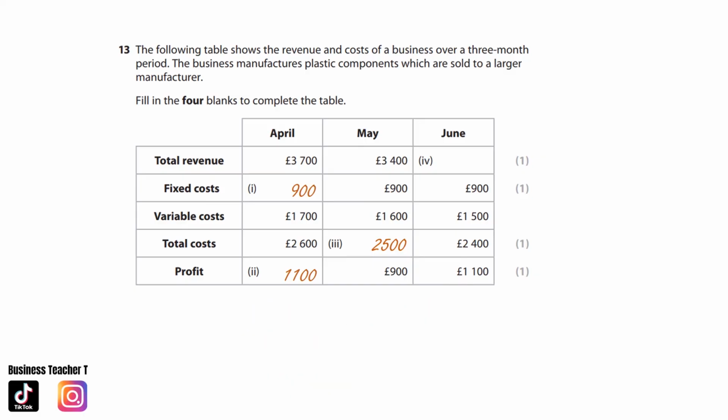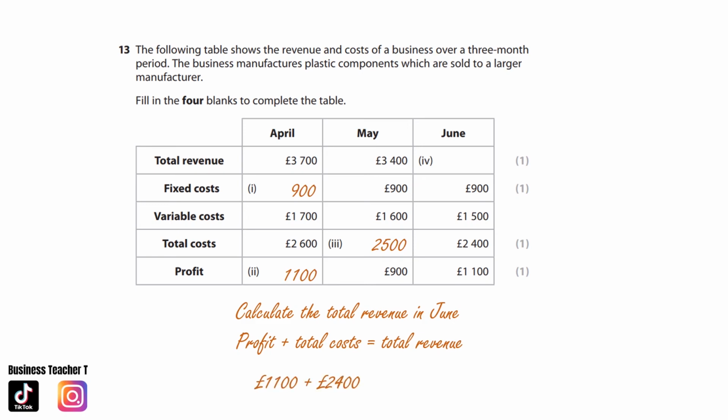Next and finally, for this question, we are required to calculate the total revenue for June. In order to do that, we could add profit to total costs. The profit for June is £1,100 and the total costs are £2,400, and the answer is £3,500.